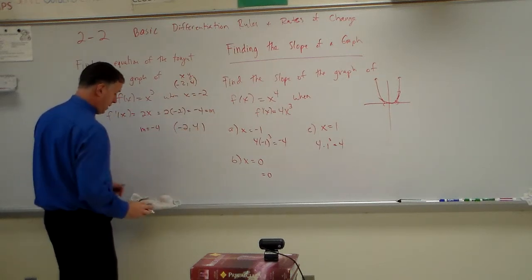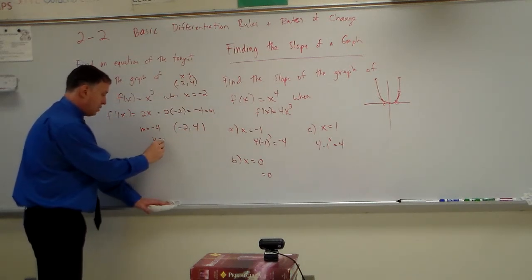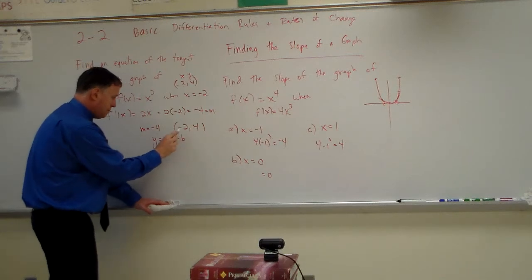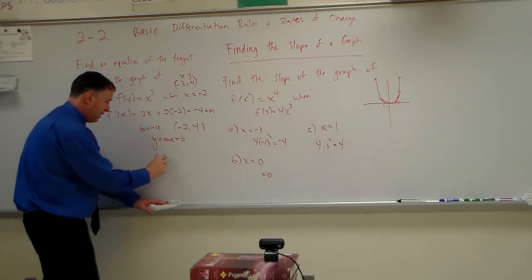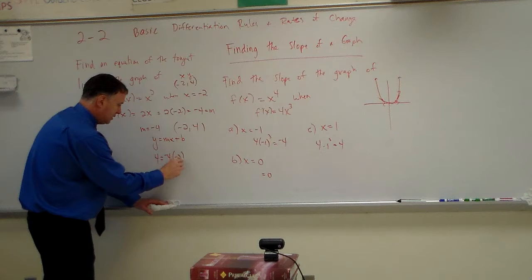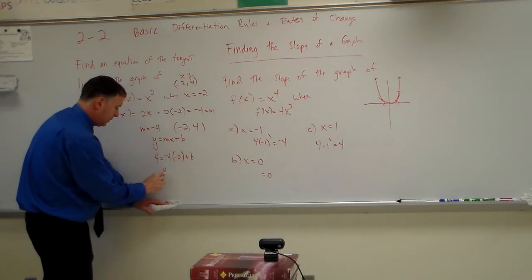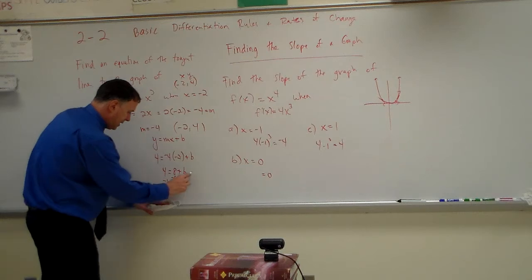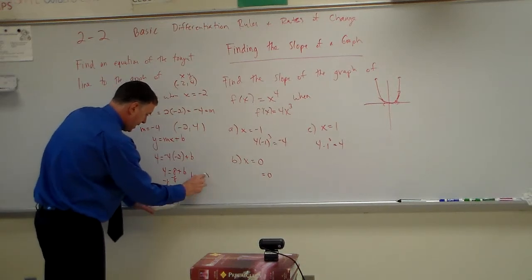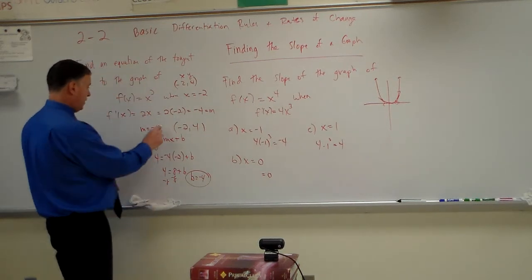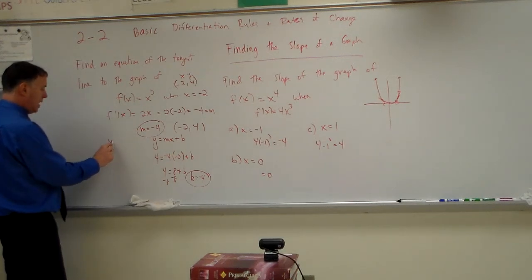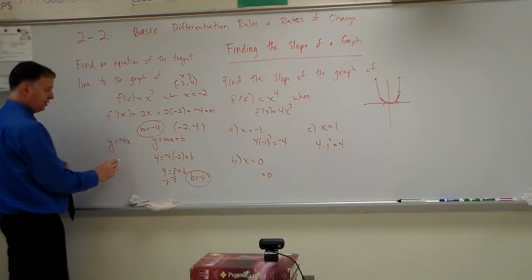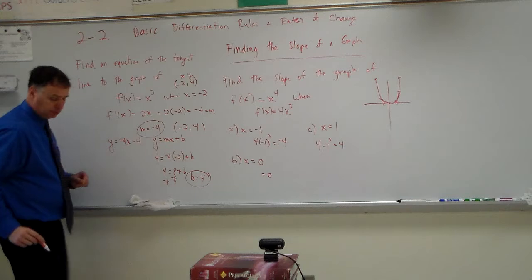So I do y equals mx plus b. My y is 4. My slope is -4 times -2 plus b. 4 equals 8 plus b. Minus 8, b is -4. So here is my equation: y equals -4x minus 4.